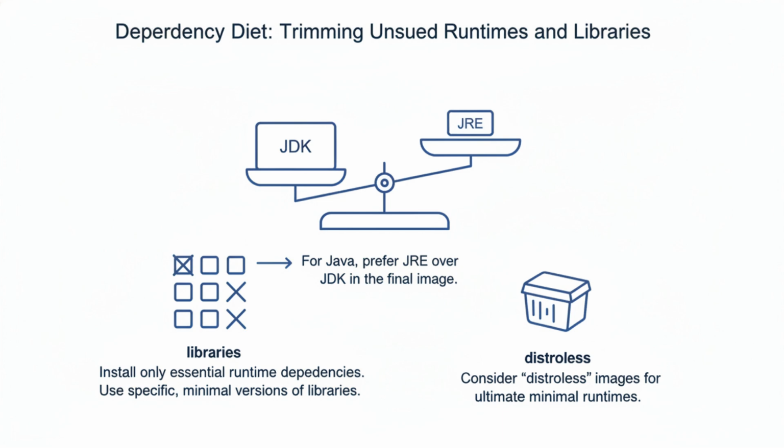Do you truly need every single library, or can some be omitted? For compiled languages, consider building static binaries where possible, allowing you to use Scratch or extremely minimal base images like distroless for the final stage. These distroless images contain only your application and its direct runtime dependencies, offering unparalleled minimalism and security.